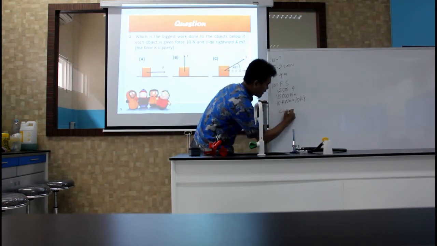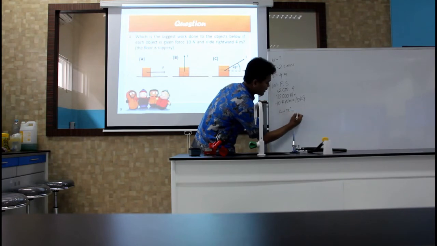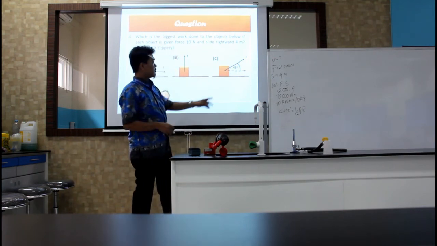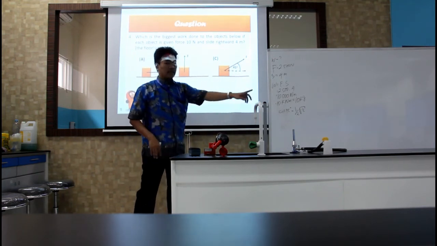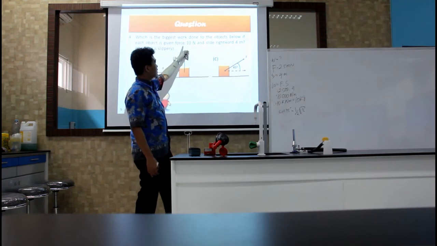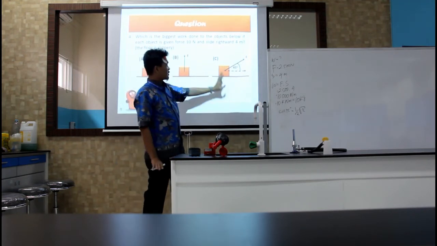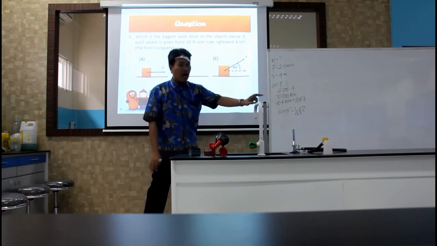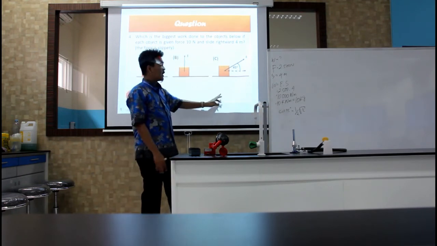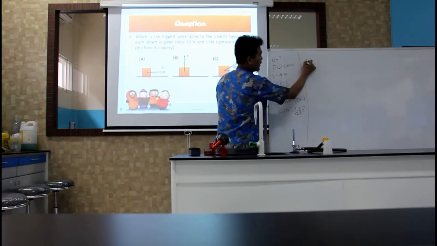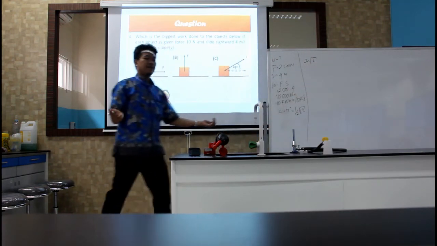Cos 45 degrees is equal to half root 2. Okay? And then if we multiply the force by 4, that is 40, multiplied by half root 2, the result is 20 root 2.